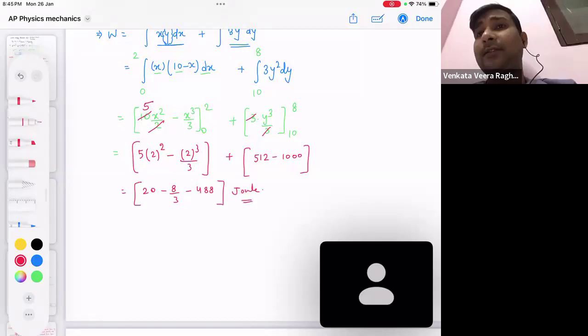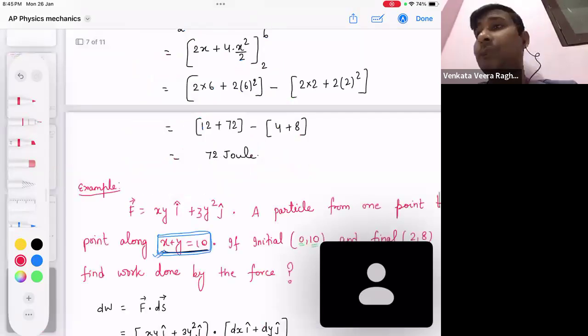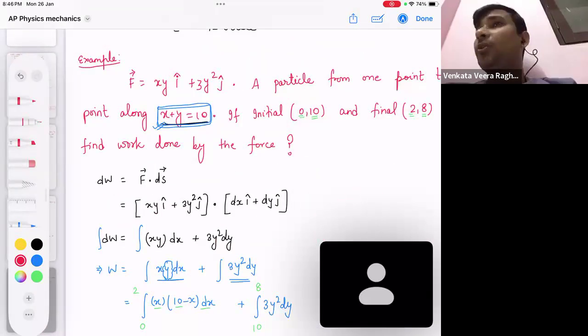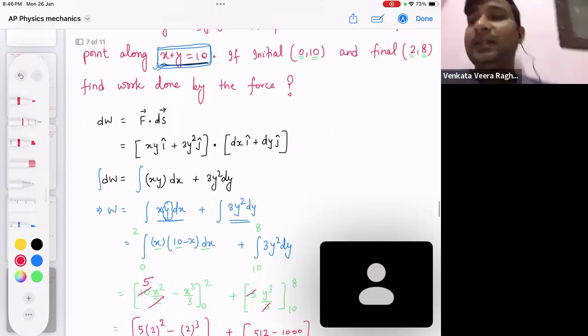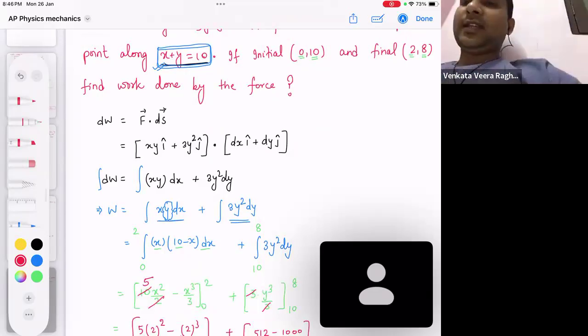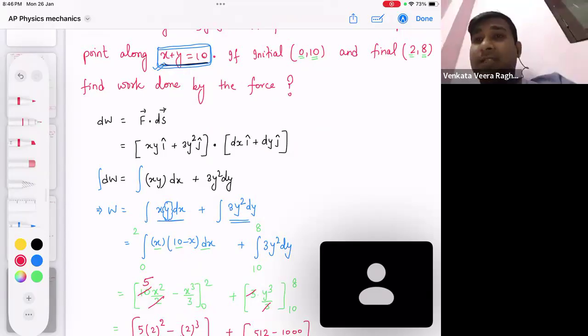To understand how to calculate the work done by a variable force: if force is changing only in x, you can just do it as F dx. If force is changing only in y, F dy. If force is changing in both x and y, both i cap and j cap, then you have to do F dot ds, and ds you will write as dx i cap plus dy j cap, and then with the dx and dy you have to do two integrations.